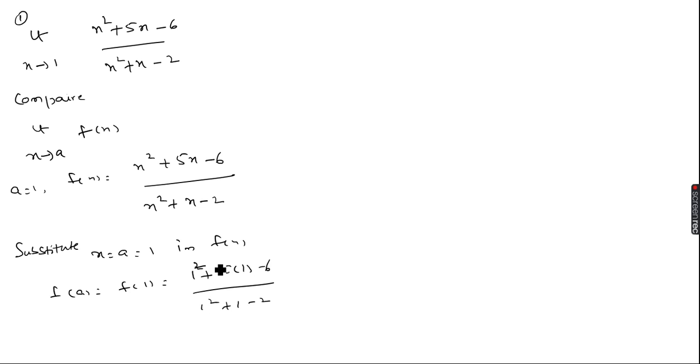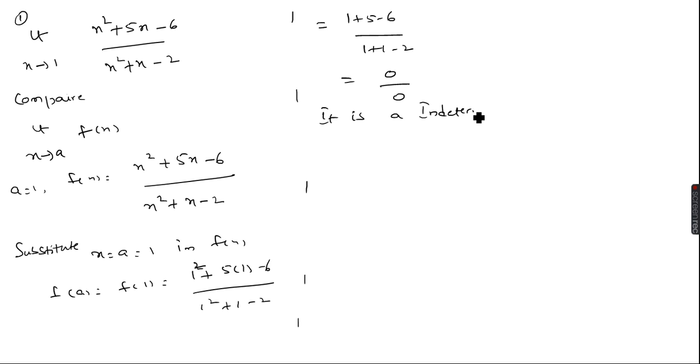So we get (1 plus 5 minus 6) by (1 plus 1 minus 2), and what is the form? The form is 0 by 0. So 0 by 0 is an indeterminate form.